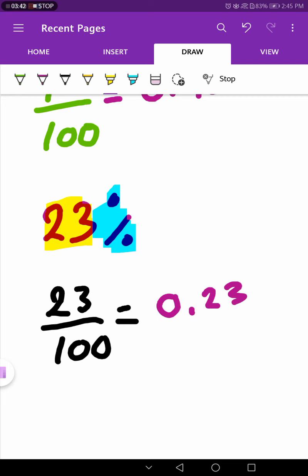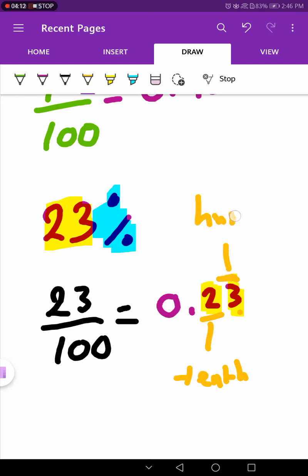So teacher, here 2 digits, that means in 100 it is hundredths? Yes. If I have one digit, it will be tenths. 2 digits, hundredths. Why? Because we call the first one tenths, and we call the second one hundredths.